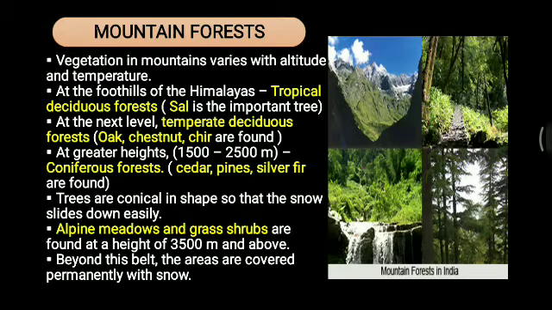At the foothills of the Himalayas are the tropical deciduous forests, in which sal is the most important. At the next level, temperate deciduous forests are found, with trees such as oak, chestnut, and cherry.